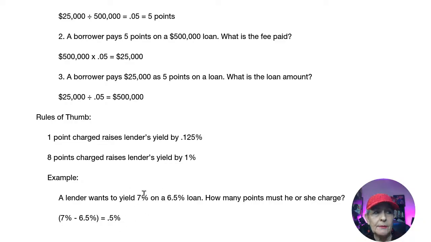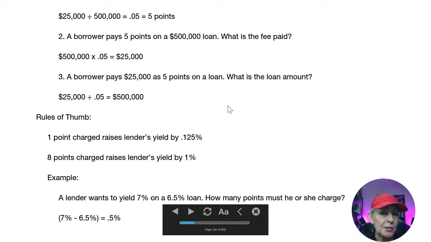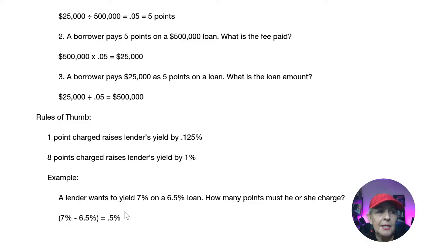Because the lender wants a 7% yield on a 6.5% loan, and needs to find out what to charge the borrower for 0.5%. 7 minus 6.5. 1 point equals 0.125. So if he wants 4 points, it's 4 times 0.125 equals 0.5. So it's 4 points.